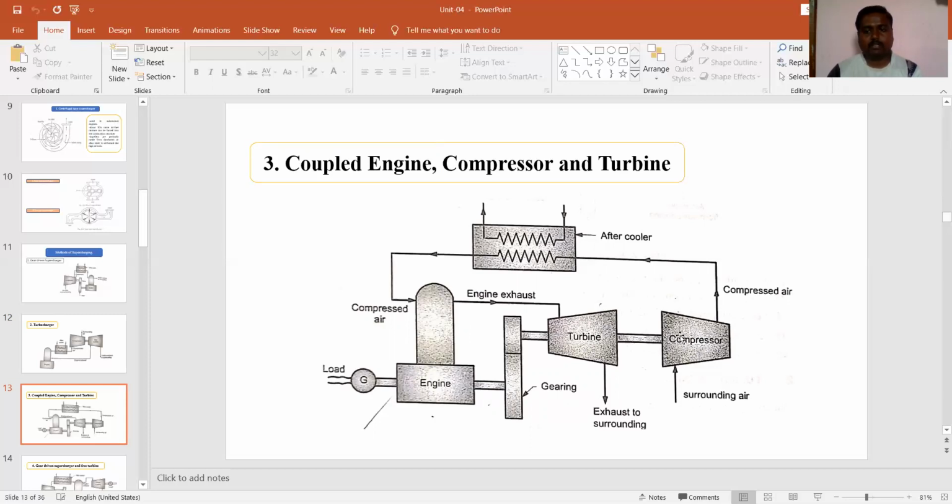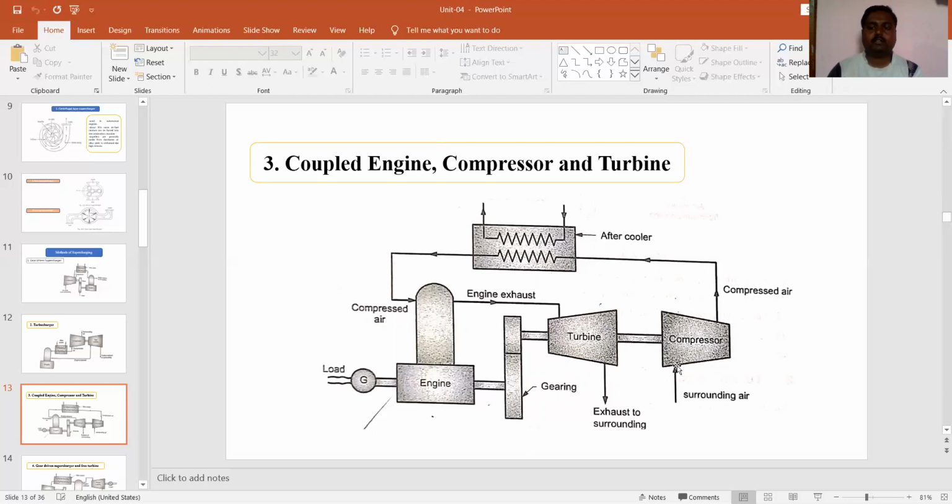This power is supplied from the turbine to the compressor, and also the engine output power through this gear mechanism is supplied to the compressor. During the engine exhaust, the exhaust comes to the turbine. The gas turbine develops the mechanical power. This power is supplied to the compressor or supercharger.